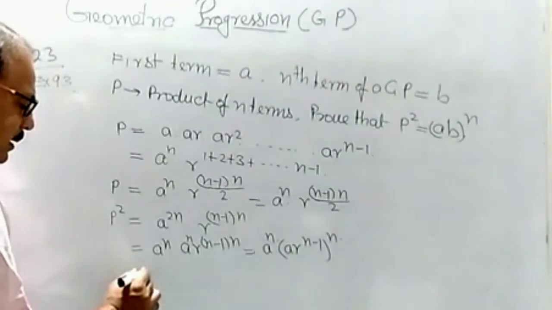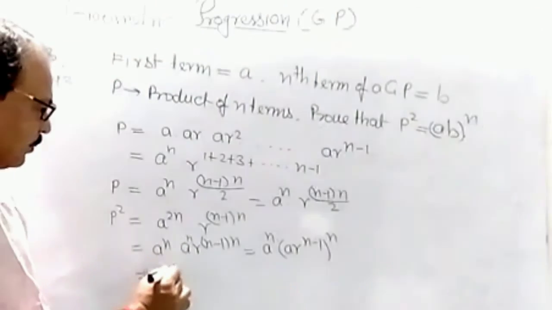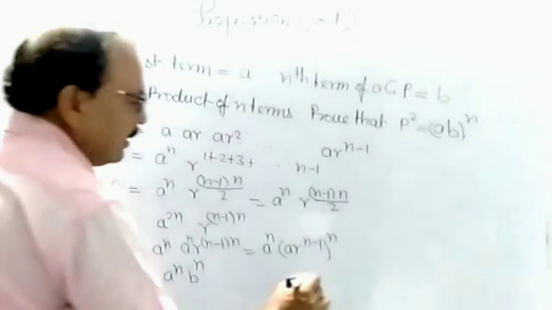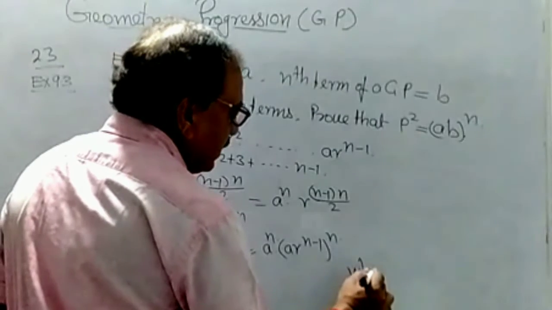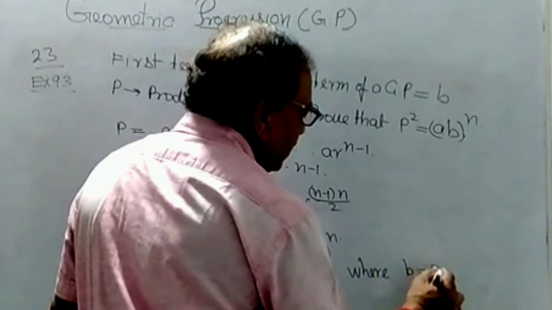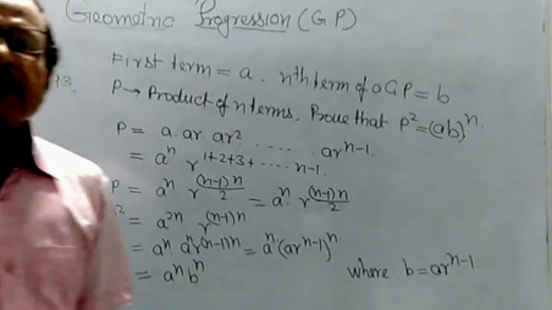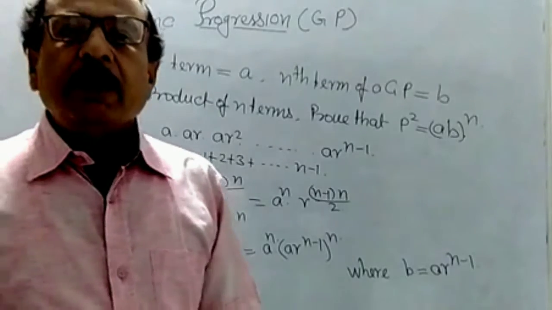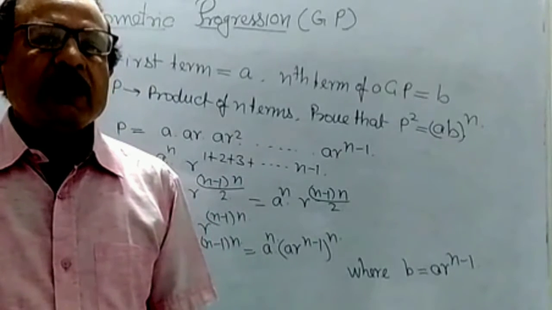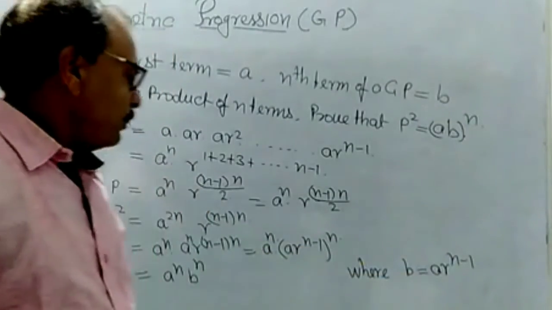So we can write this as A to the power n and b to the power n, where b is given equal to AR to the power n minus 1. The nth term is b, it means that AR to the power n minus 1 is equal to b.